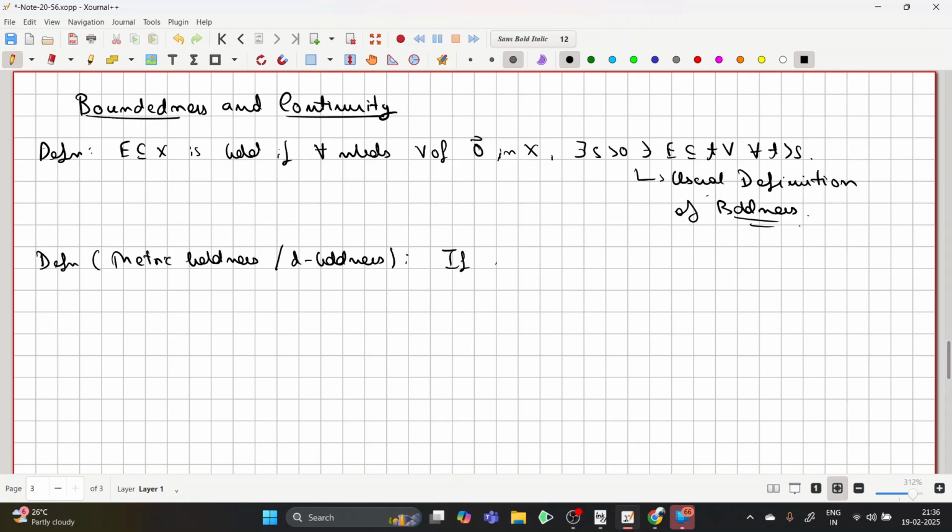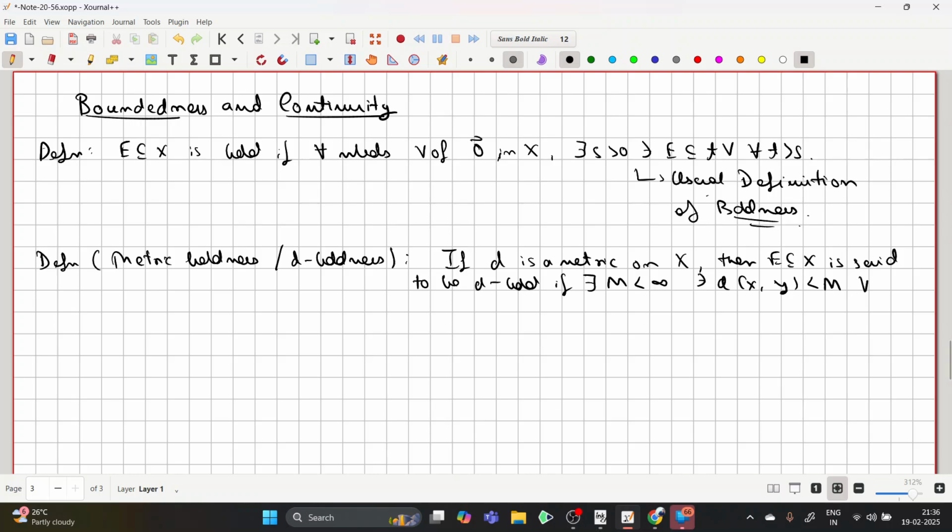If d is a metric on some space X, then E in X is said to be d-bounded, that is bounded in terms of the metric, if there exists some finite number m such that the distance d(x,y) is less than m for all x, y in E.